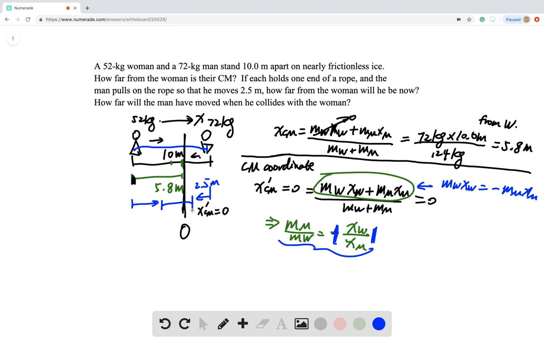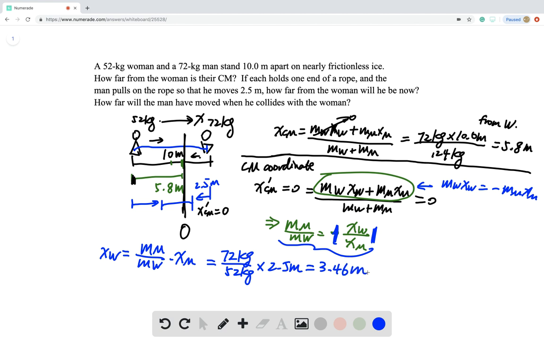The distance the woman moves will be the mass of man over the mass of woman times the distance of the man. So that is 72 kilograms divided by 52 kilograms times 2.5 meters. That is 3.46 meters.